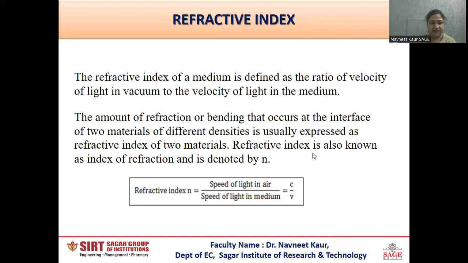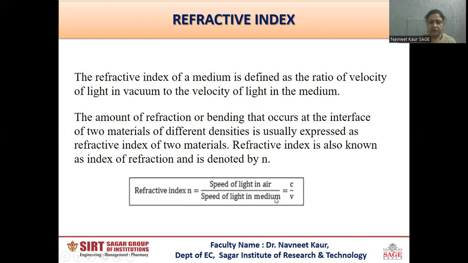Now, what is refractive index? Refractive index of a medium is defined as the velocity of the light in air or vacuum to the velocity of the light in the given medium whose refractive index is to be calculated.